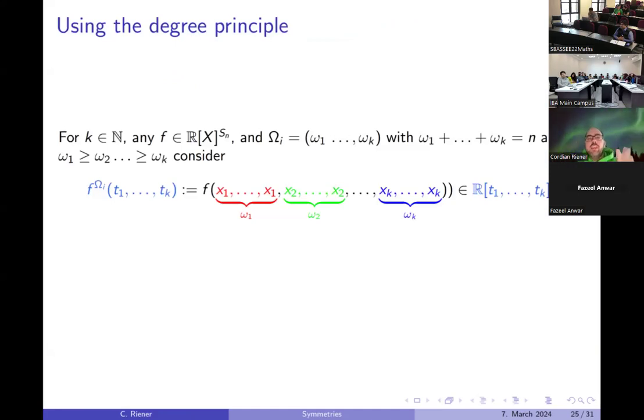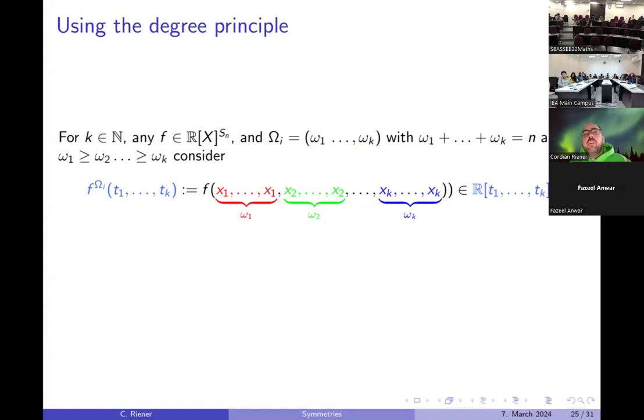I mean, okay, this again was just a huge blow up of notation. I was just saying, suppose I have a point and I know that this point has at most k coordinates, and I have a symmetric polynomial. I can always assume that my point is ordered in a way that first I have x1 repeated omega 1 times, and so on. The first rows of coordinates are the same, the second rows of coordinates are the same, and the k-th rows of coordinates are the same.